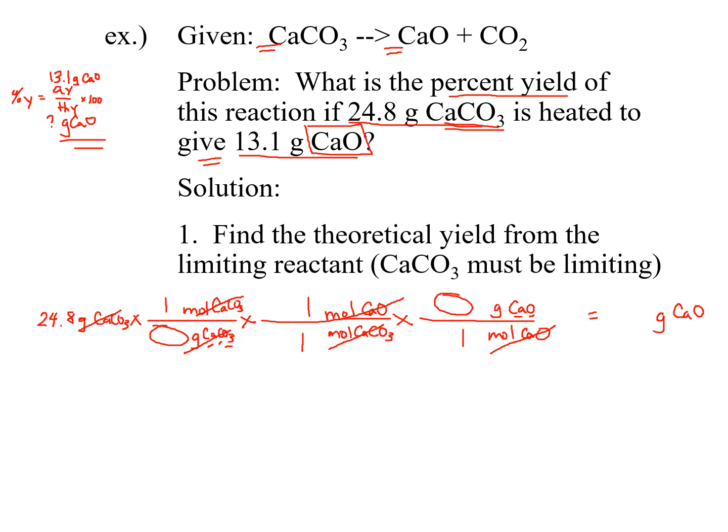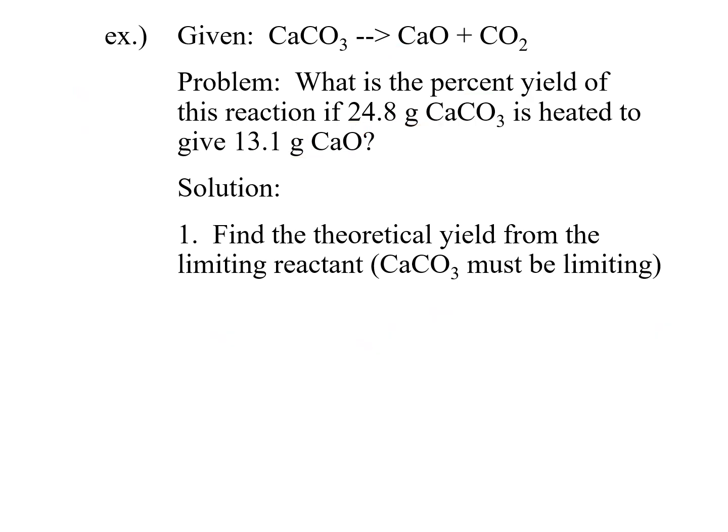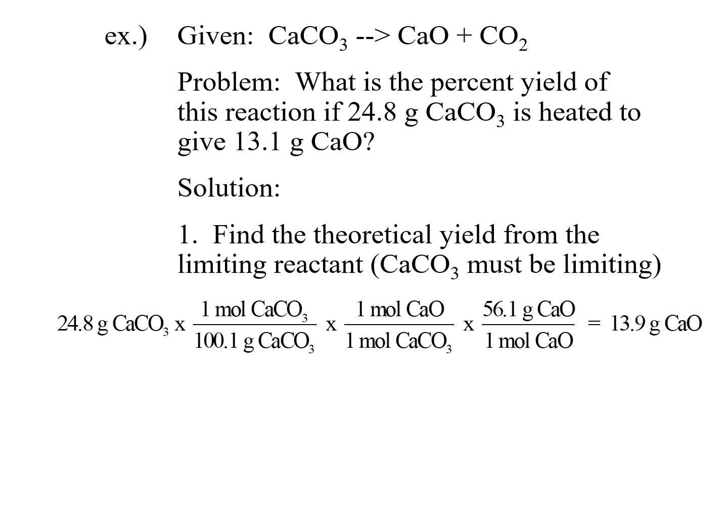So let me erase this chicken scratch. And let's put up what the final answer looks like. Here's the final answer. Again, where's the 100.1 and 56.1 come from? That comes from the periodic table. I added up the Ca, the C, and 3 O's, or I added up the Ca and the O. That's where those numbers came from.